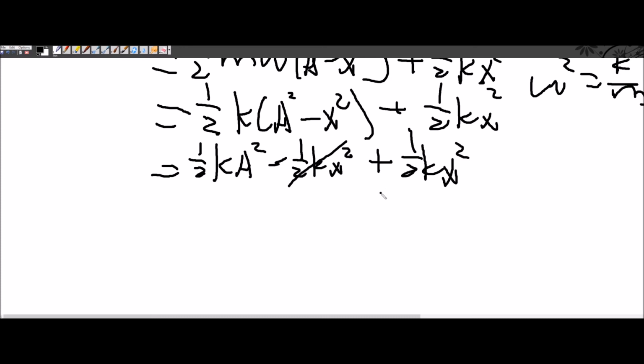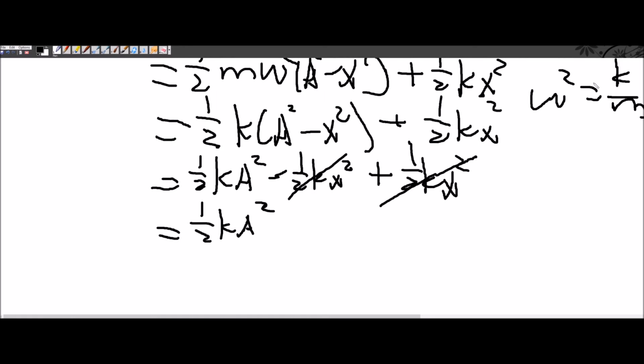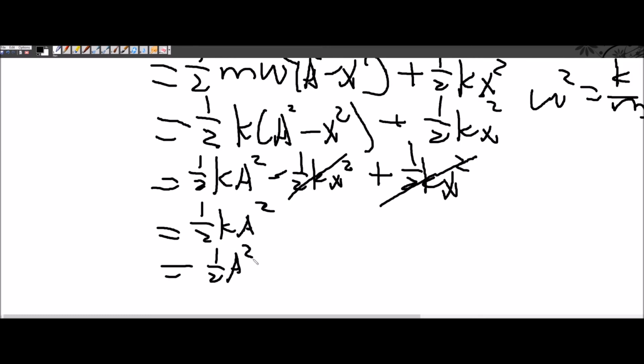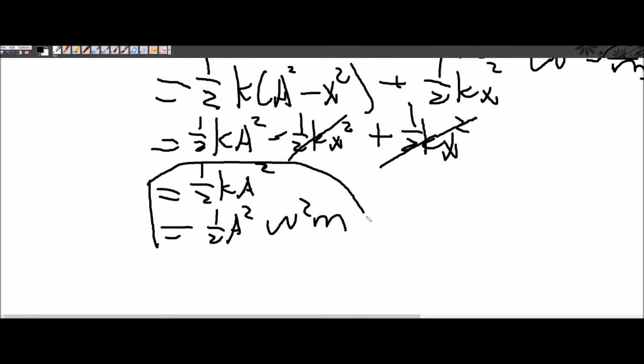So we can see these terms cancel out, so we just get 1/2 ka squared. But now you can also express k in terms of omega and mass by this equation. So it's also equal to 1/2 a squared, move mass there, so it's omega squared and mass. These are the equations for the total energy of a spring.